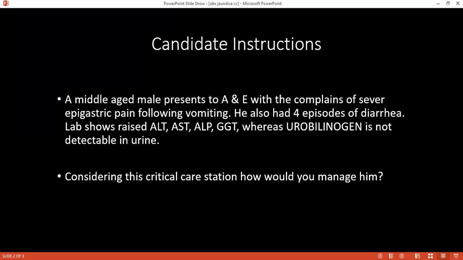Okay, we'll move on. Can you tell me what type of bilirubin is found in blood? We find unconjugated bilirubin, and also a small amount of conjugated bilirubin.